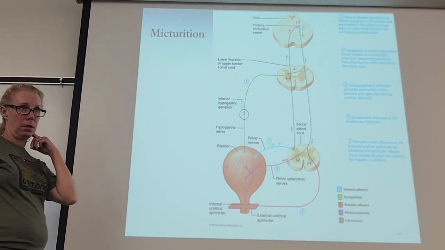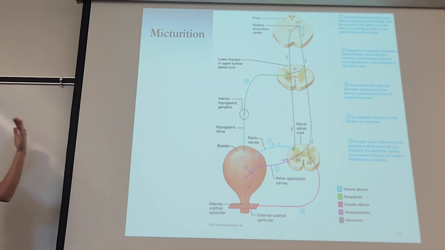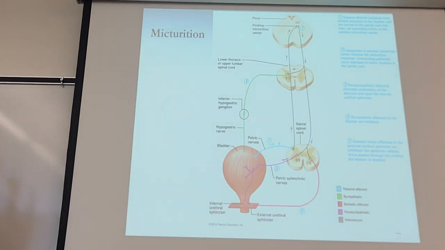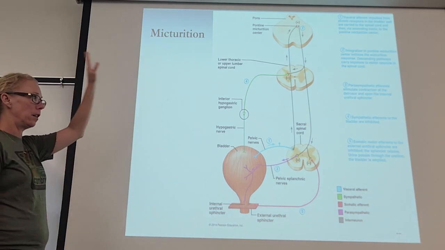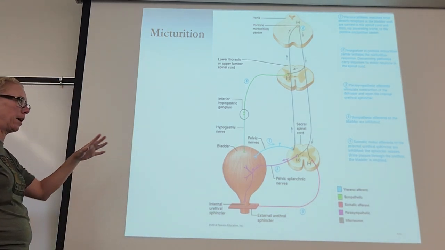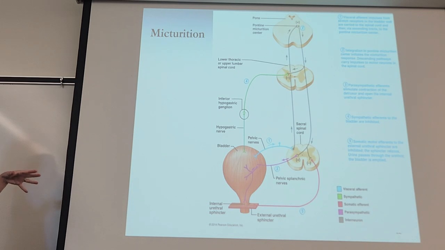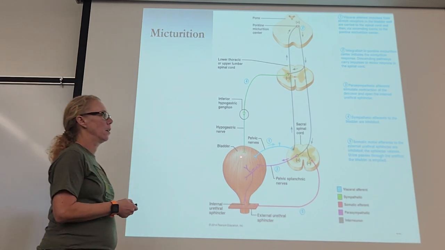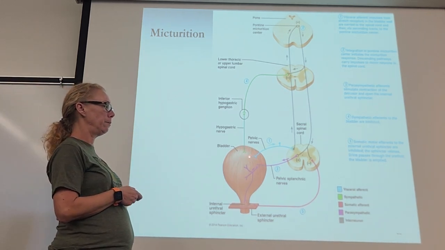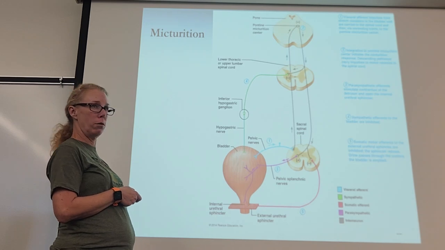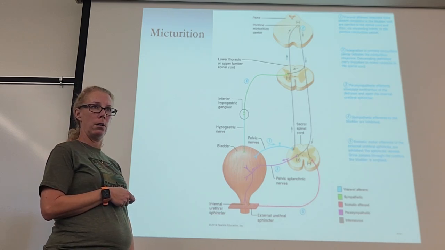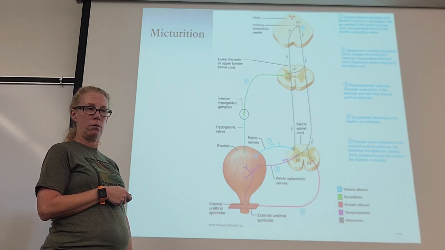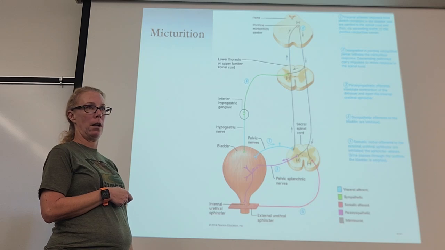It's a reflex. So if we're in sympathetic overdrive, okay, so if we're inhibiting micturition, which is the next slide, it's basically the same exact pathway, but we're just describing it in different terms. So sympathetic pathways then are going to tell the detrusor muscle to do what? If we're inhibiting urination, the detrusor muscle is going to relax, okay?